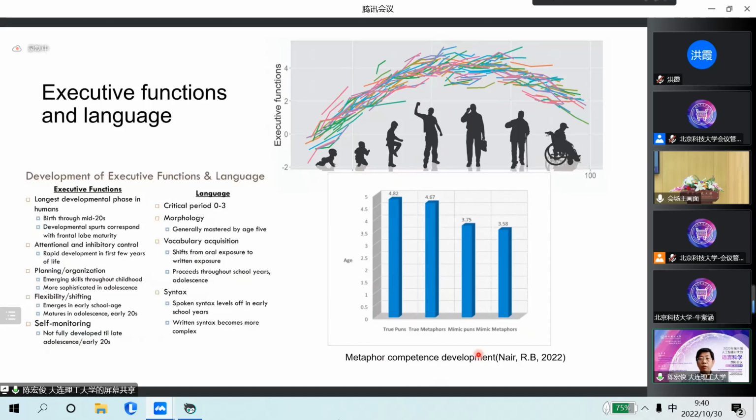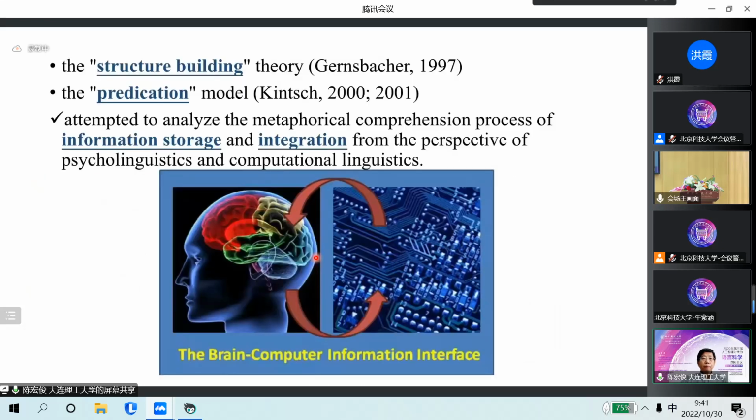From this, we can see it is consistent with language development, but delayed, because metaphor comprehension requires more executive function or control ability maturity, right? And among all the theories and models, we found that there are two.